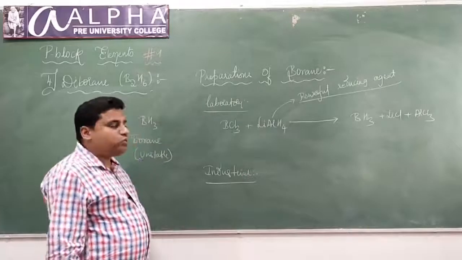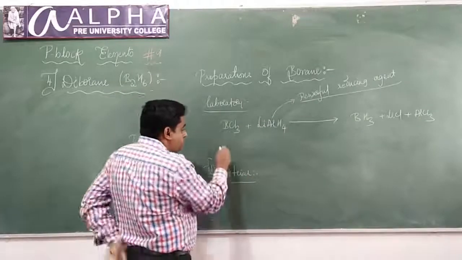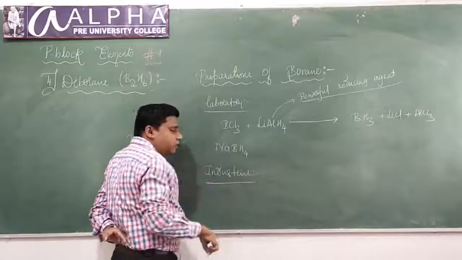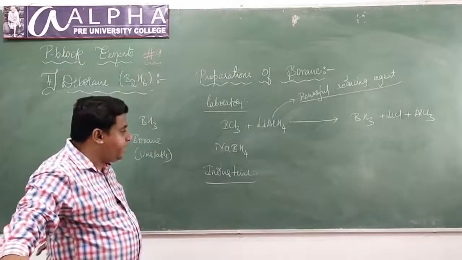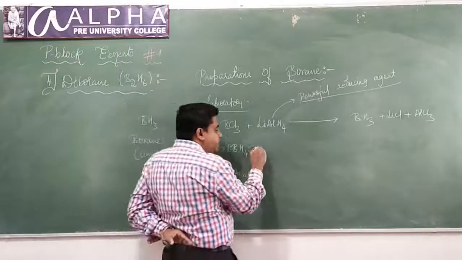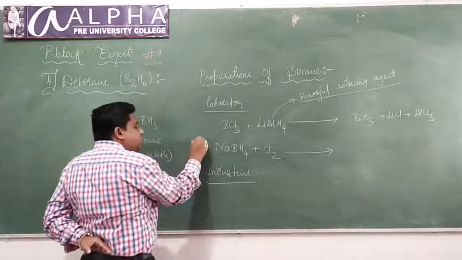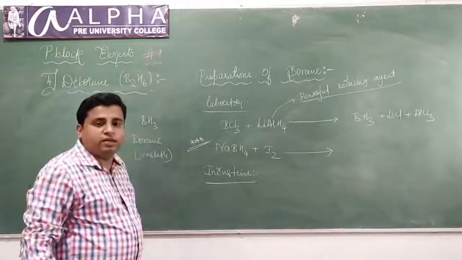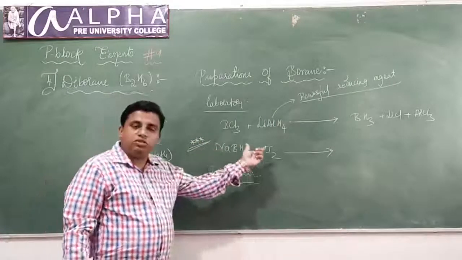There is one more method of preparation. What is the other method? We take NaBH4, sodium borohydride. When sodium borohydride is treated with iodine, it is a very important reaction, and many times questions have been asked on this reaction.